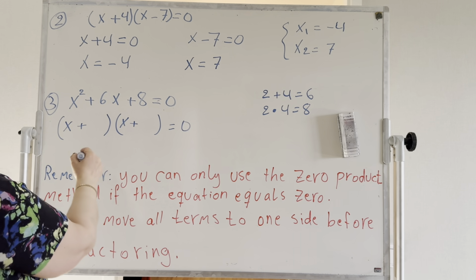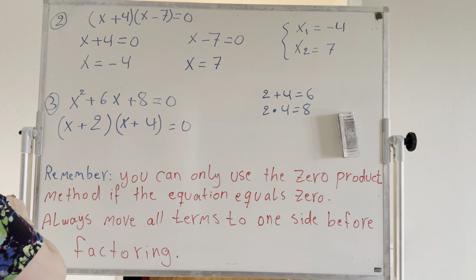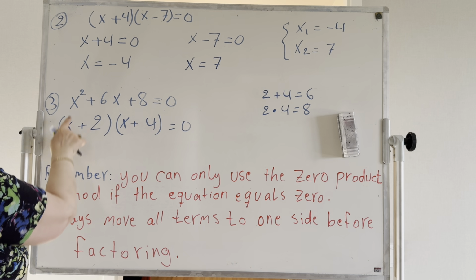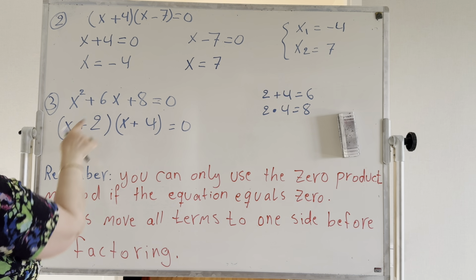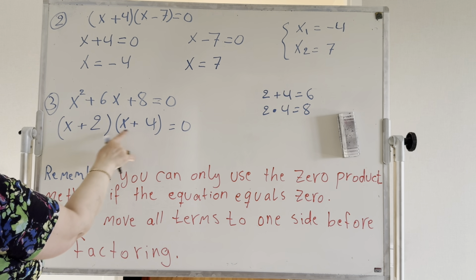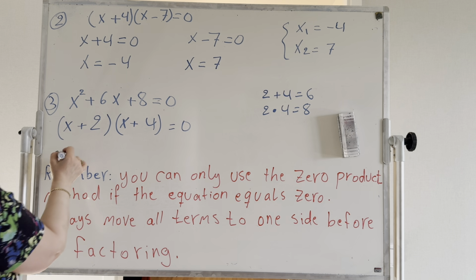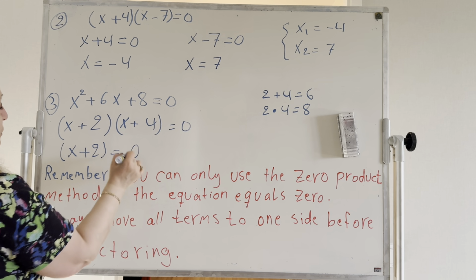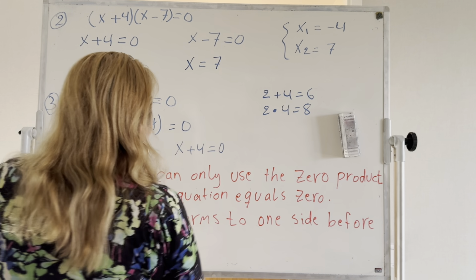We can check: x times x is x squared, 2x plus 4x is 6x, 2 times 4 equals 8. Then x plus 2 equals 0, x plus 4 equals 0.